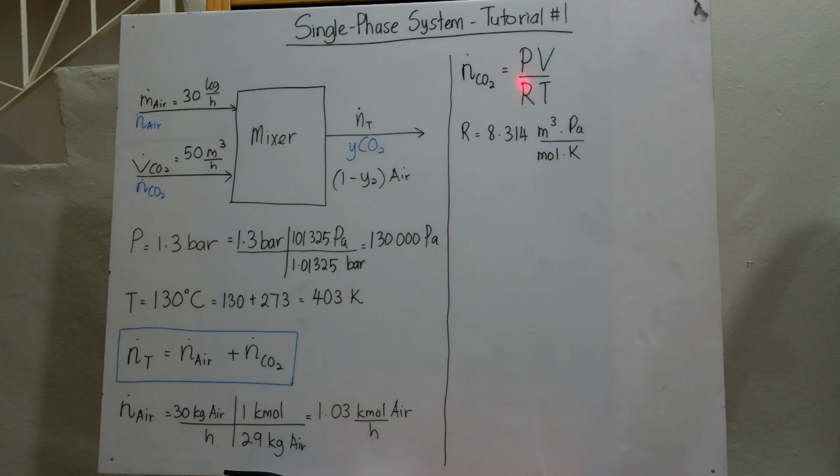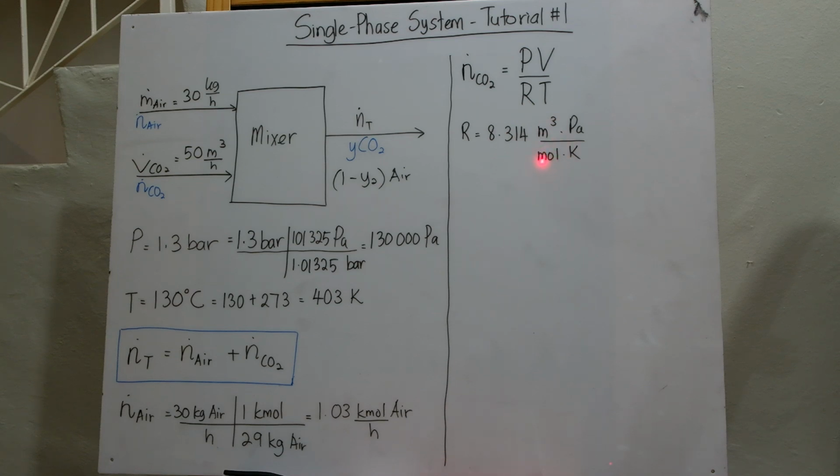We just rearrange, so the molar flow rate of CO2 is equal to P times the volumetric flow rate V-dot, divided by RT. Sorry, I forgot the dot here. Since V is given in meter cube per hour, it's better to use the gas constant with this value to get your answer in mole per hour.